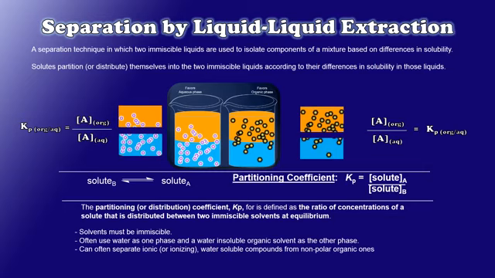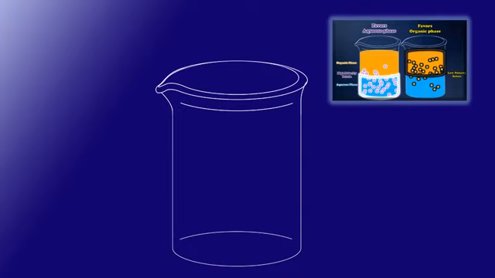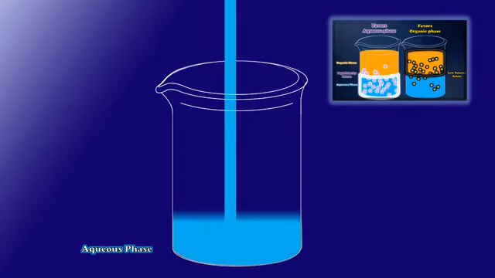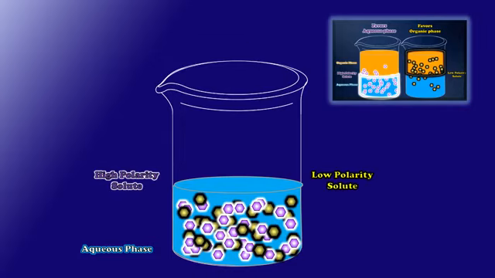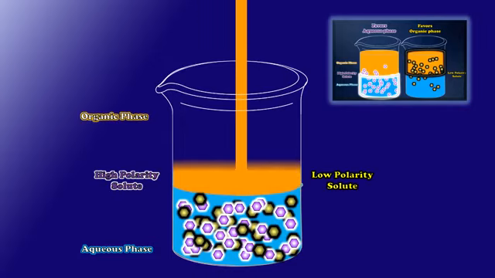In other words, the more different the partitioning coefficients are, the more easily I can separate one compound from another because they're behaving differently. So if I have a mixture of my low polarity and high polarity compounds and I want to separate them from one another in space, I can take an aqueous phase solution of the two and add an organic phase.